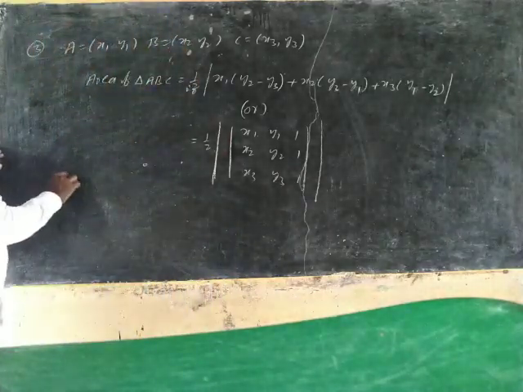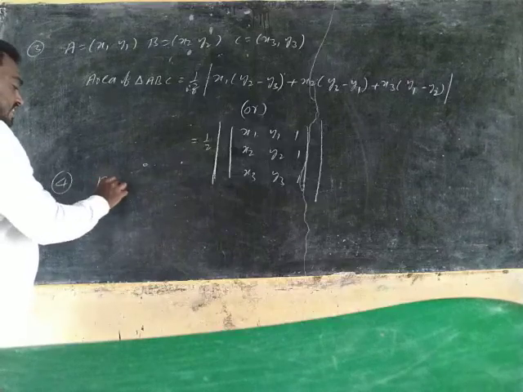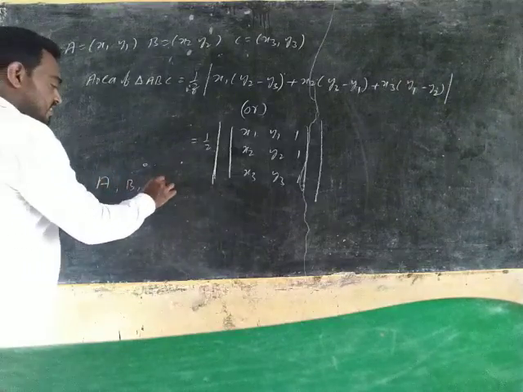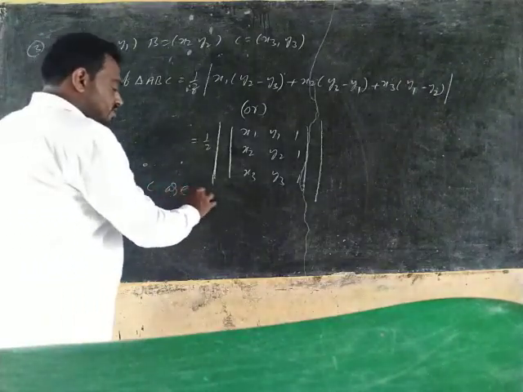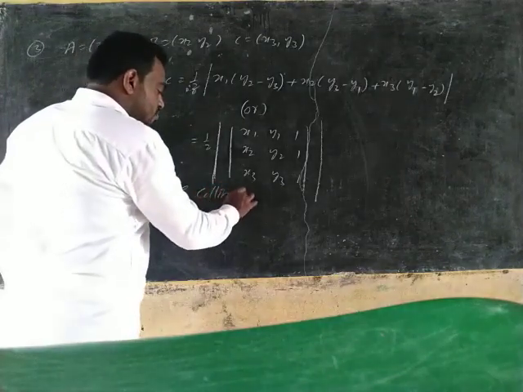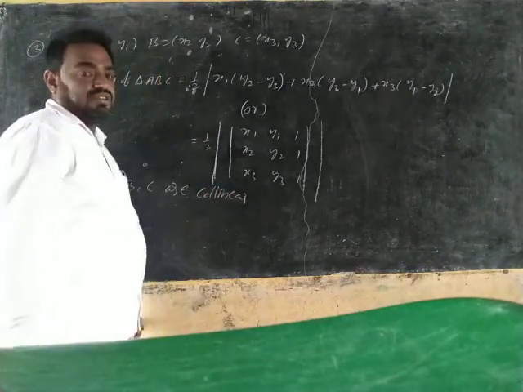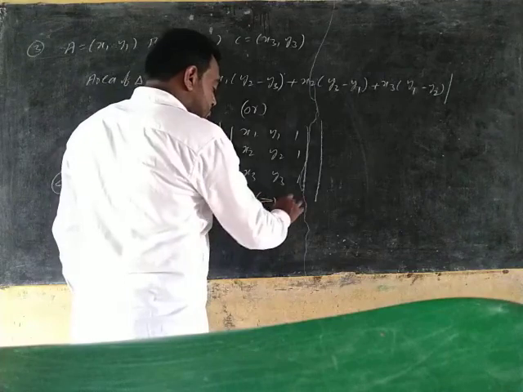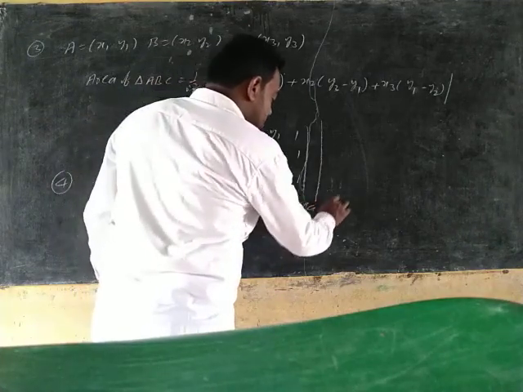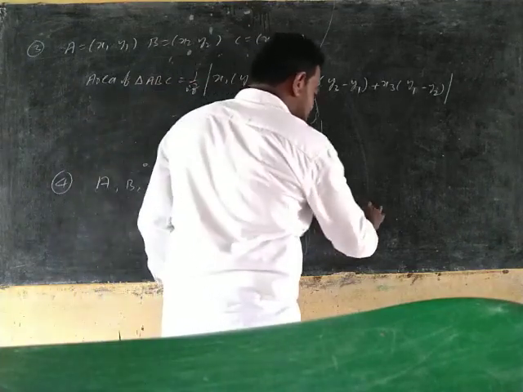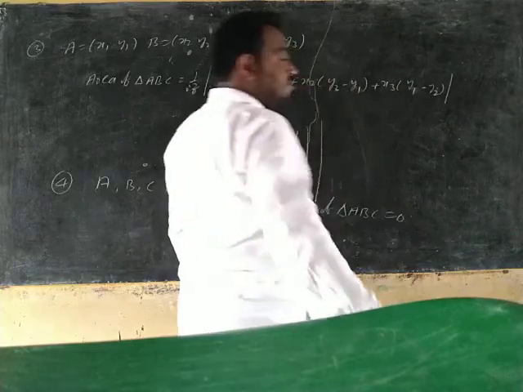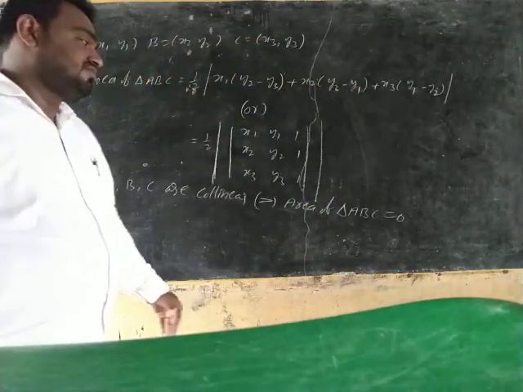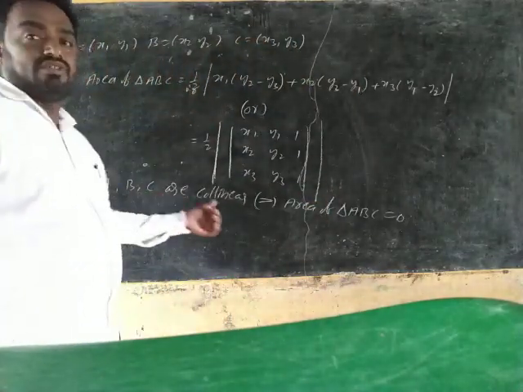Next, the fourth one, you see. If A, B, C, the three points, are collinear, how do we show collinearity? Collinear if and only if the area of triangle ABC is equal to 0. If the area of the triangle is equal to 0, then A, B, C are collinear.